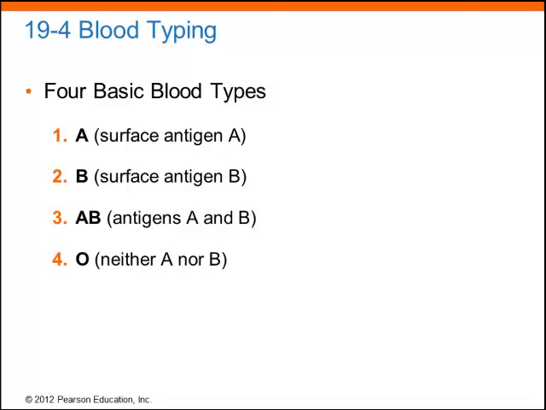If you have the gene for A, and only for A, then your blood type is A. Likewise, if you have only the gene for B, then your blood type is B. But because you get 2 genes for every trait, one from your mother and one from your father, if you had an A gene and a B gene, then you would make both the A antigen and the B antigen. They would both show up on your cells, and you would have blood type AB. If you had neither the gene for A nor for B, then that means you have 2 copies of the O gene, then your blood type is O.